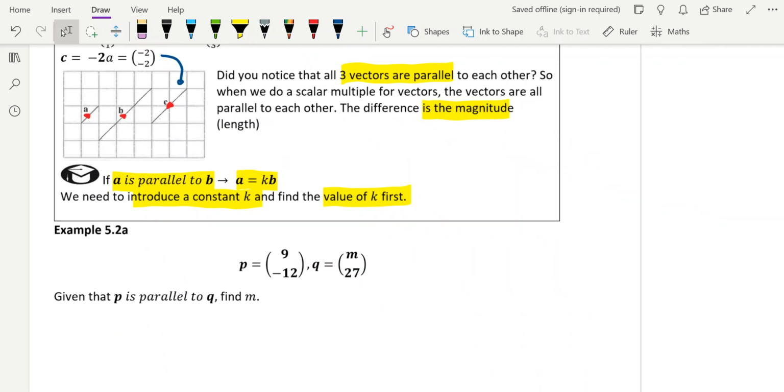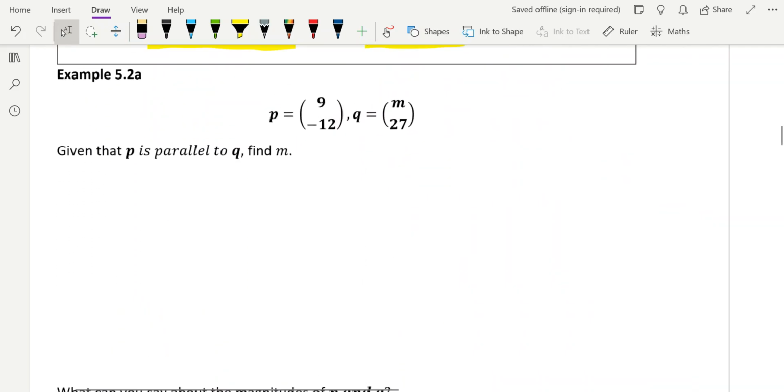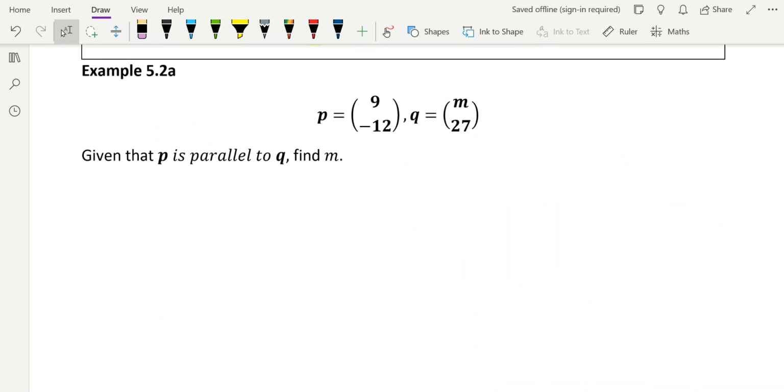Now the question may give you as such. They tell you that P is parallel to Q. So if they did tell you, you have to introduce yourself that P is equal to K times Q. By right, you have to underline it during your working. It depends from school to school, so see what your teacher says.